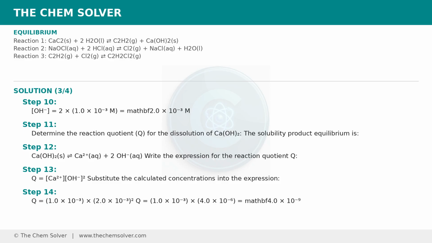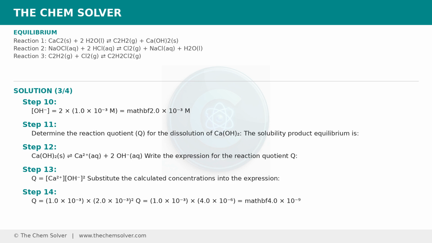Determine the reaction quotient, Q, for the dissolution of Ca(OH)2. The solubility product equilibrium is Ca(OH)2 in equilibrium with Ca2+ plus 2 OH-. Write the expression for the reaction quotient. Q equals Ca2+ times OH- squared.